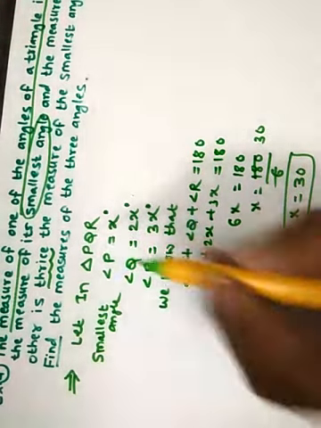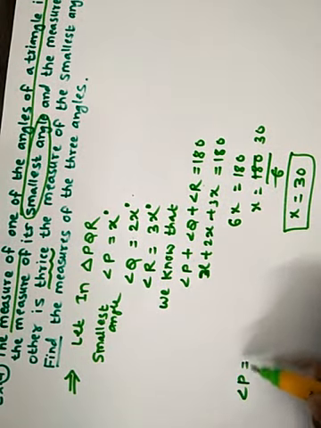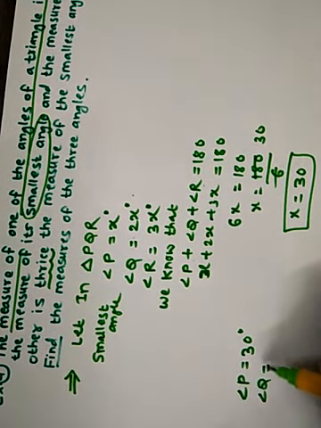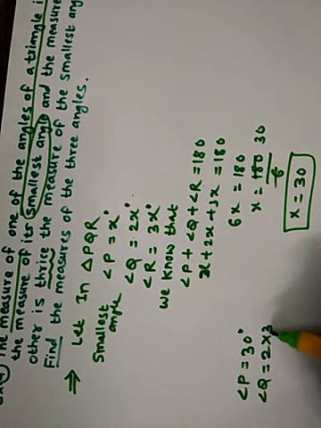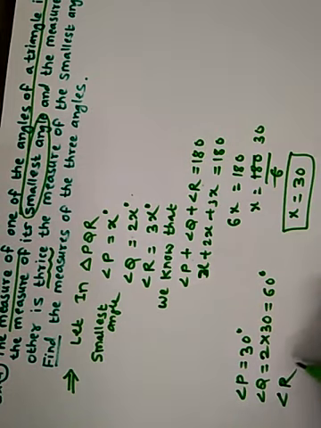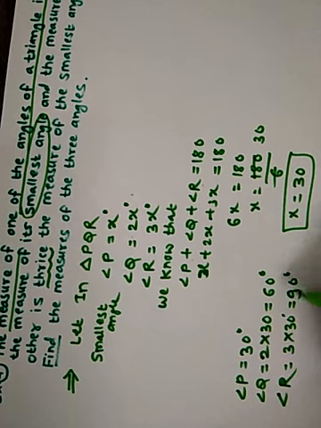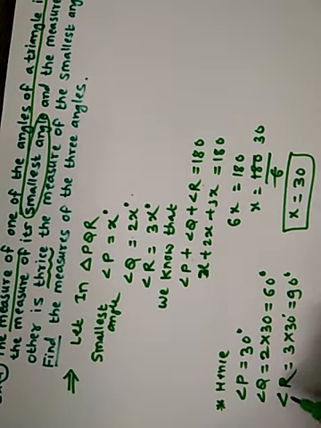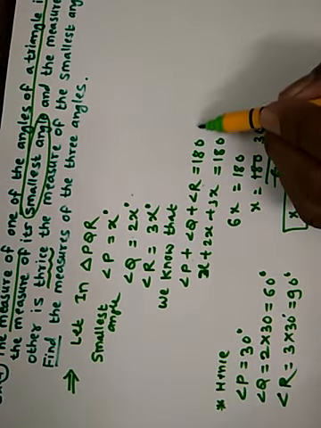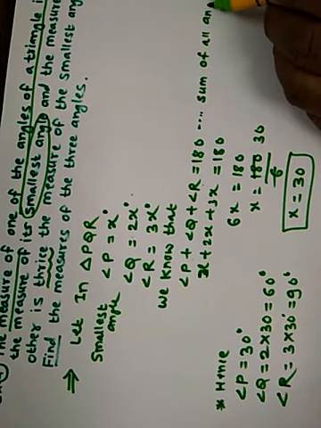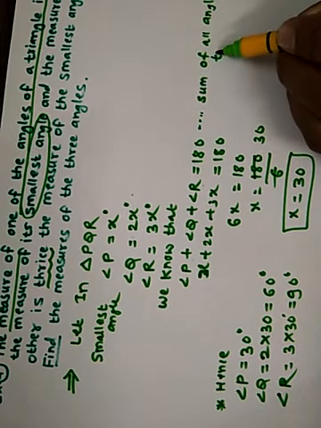Now putting this value in the respective angles, angle P has the value x, which means 30 degree, angle Q is 2x, which means 2 into 30 gives 60 degree, and angle R is equal to 3 into 30, which means 90 degree. Hence we get these values for the respective triangle. Also here we use the same property, the sum of all angles of a triangle is 180 degree.